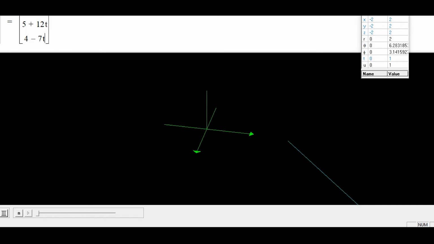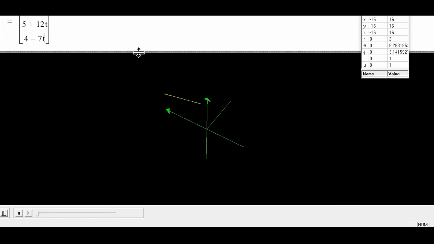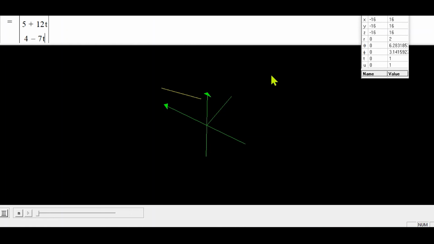Whoa, why did it change the color? Let's zoom. Do you see the line segment? It's only displaying 0 to 1, but if I change this to 0 to 2, why is it 0 to 2? I don't know. 0 to 10, for example. What am I doing? Okay, 0 to 10.